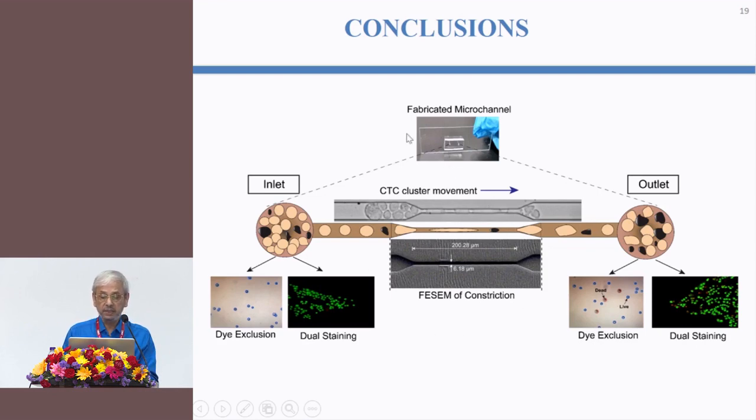And this is, you can say, the pictorial view of what we did. This is the flow passage, the FEACM magnified view, and from the dye exclusion assay and dual staining, we could see that even though the cells are squeezed, deformed, about 48 to 52% cells are live cells after crossing through these capillaries.